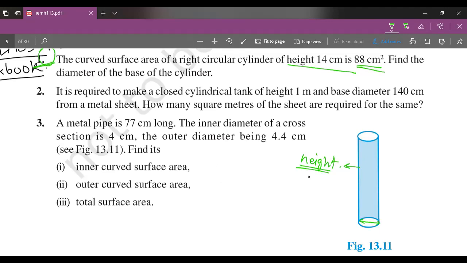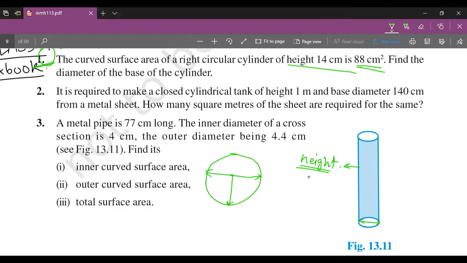Just a quick note: if this is a weird looking circle, let's take a normal circle. This is known as the diameter, the longest chord of the circle, and this is known as a radius. There is a simple formula: 2r is equal to d.